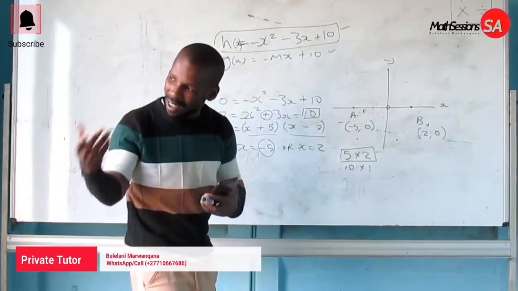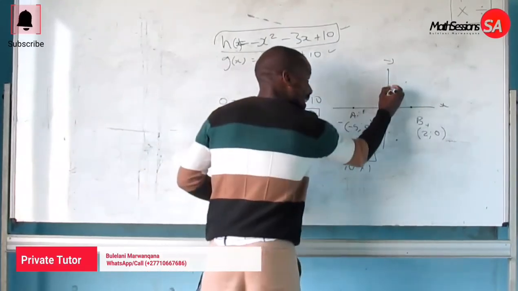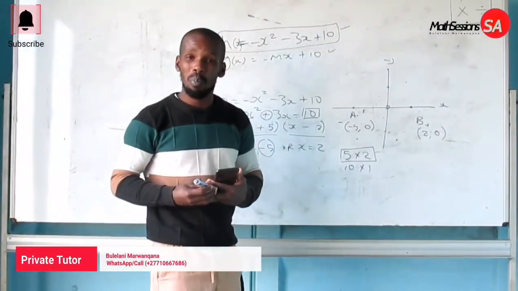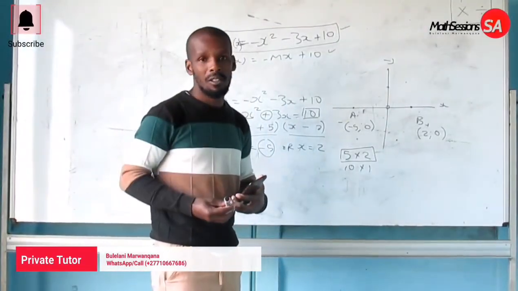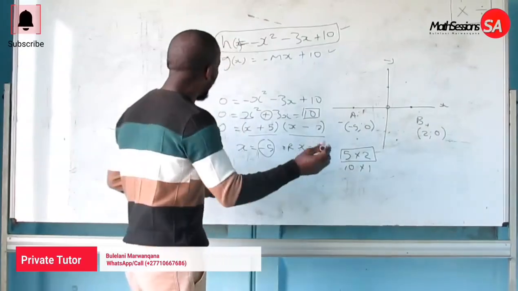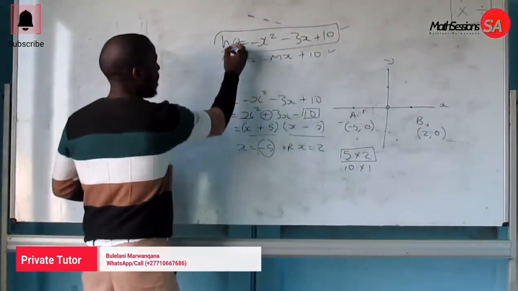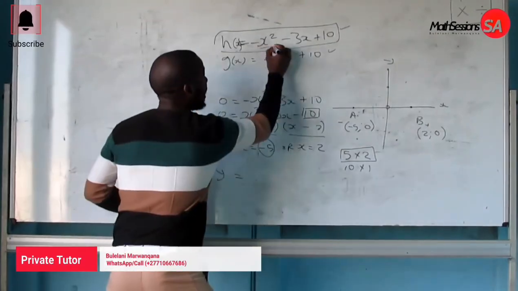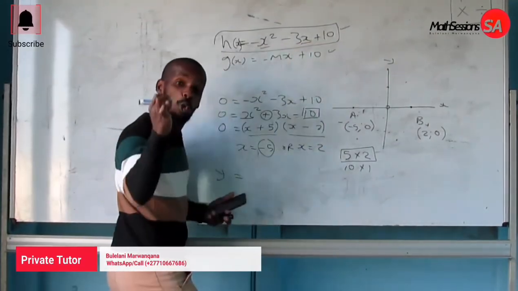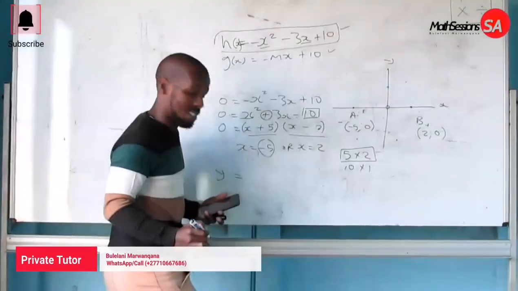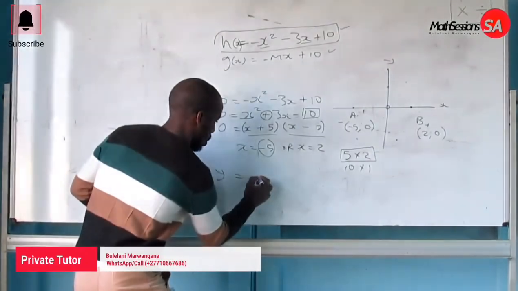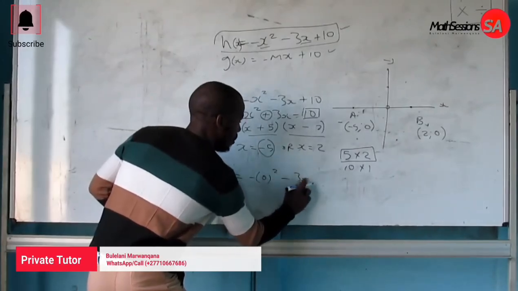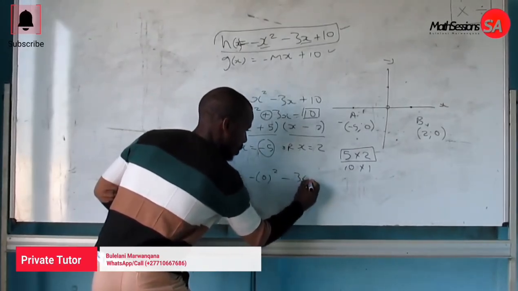What makes it easy again is that we know the point C is sitting exactly on the y-axis, meaning at that point x is equal to 0. We take the same quadratic equation that we had, so y is equal to negative 0 squared minus 3 times 0 plus 10. We replace the x with a 0.